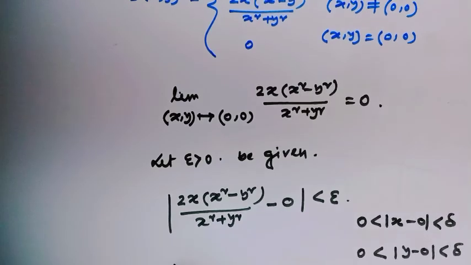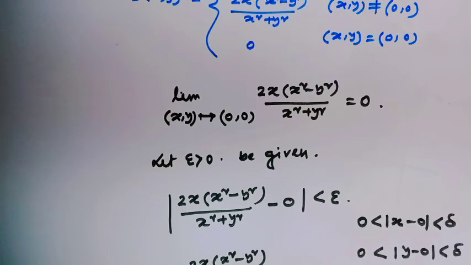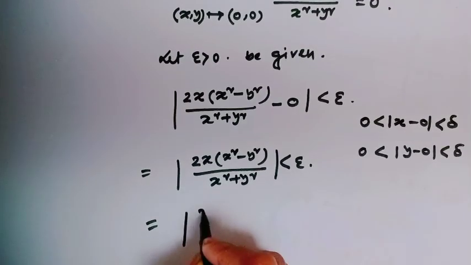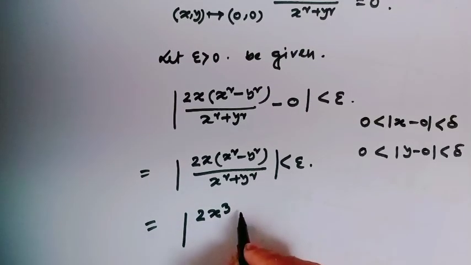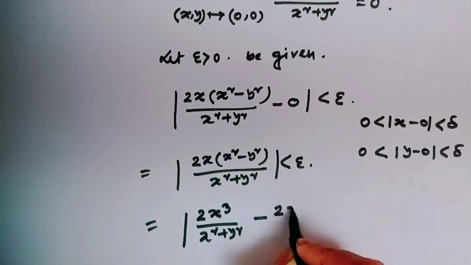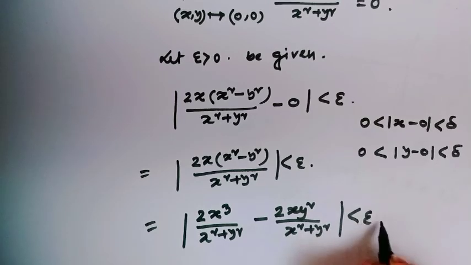From this line we can write 2x cube over x square plus y square minus 2x y square over x square plus y square less than epsilon.